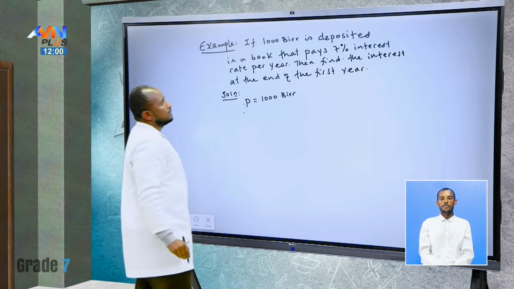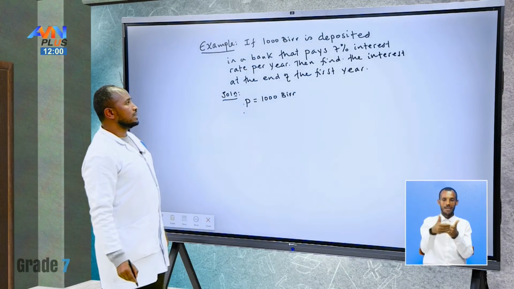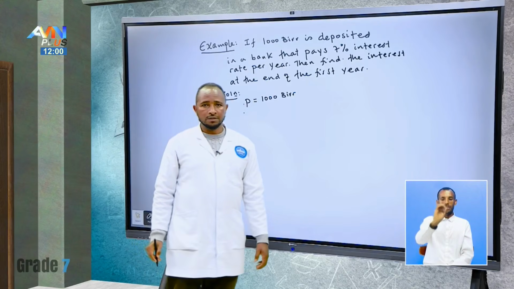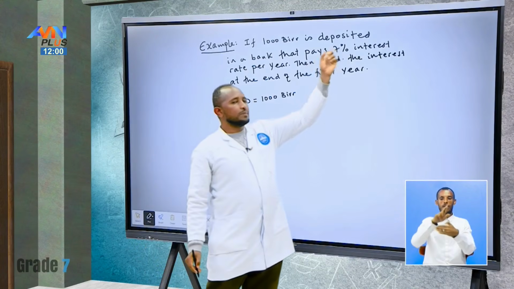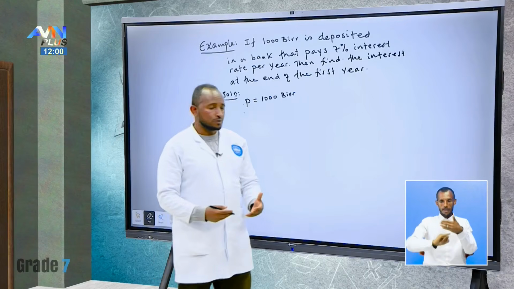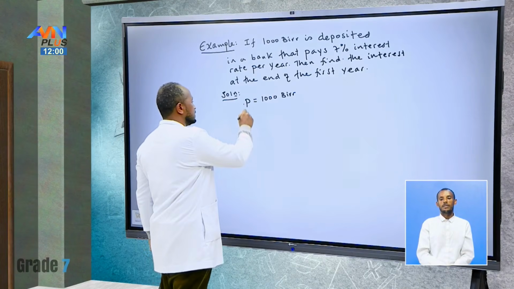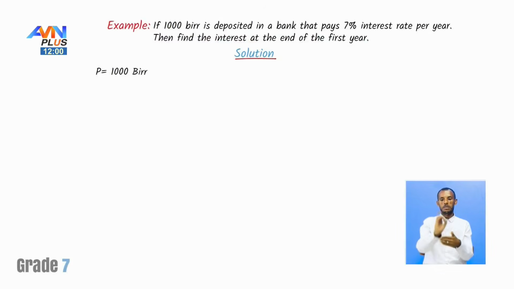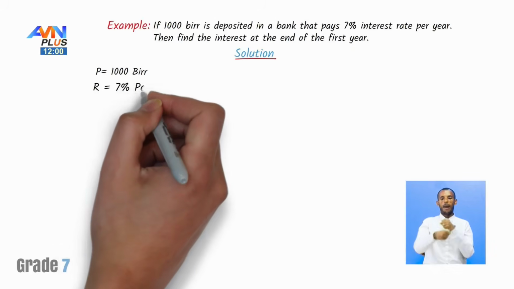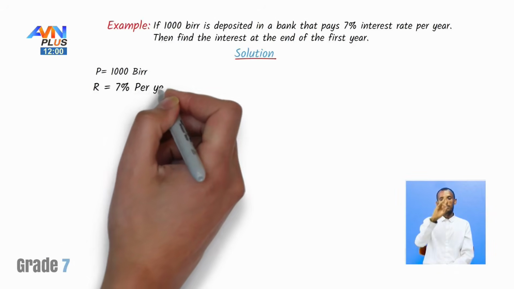Okay, now next is deposit in a bank that pays 7% interest rate. What does this 7% refer to? It is the interest rate. So the interest rate here is 7% per year.